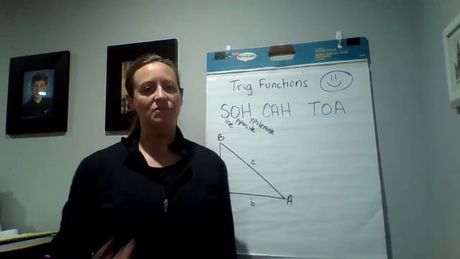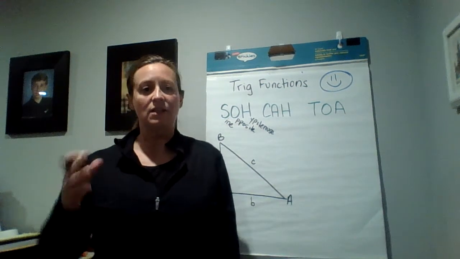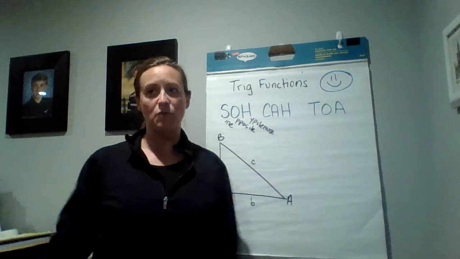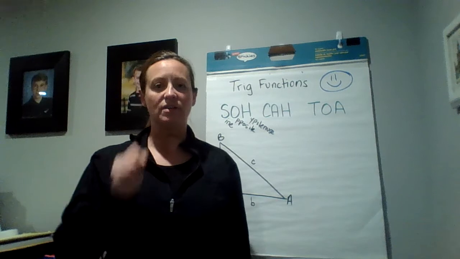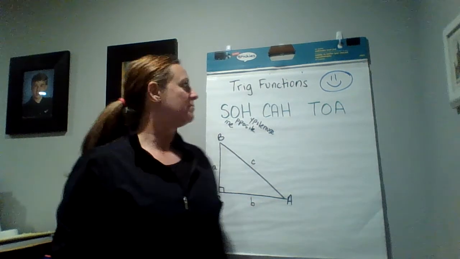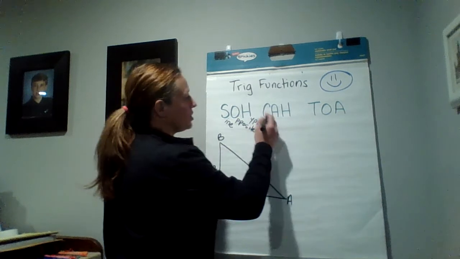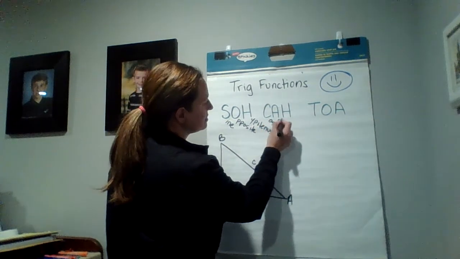Now, you have to know that these trig functions always take on a little equation form, where sine of an angle equals opposite over hypotenuse. And then cosine of an angle equals adjacent over hypotenuse.